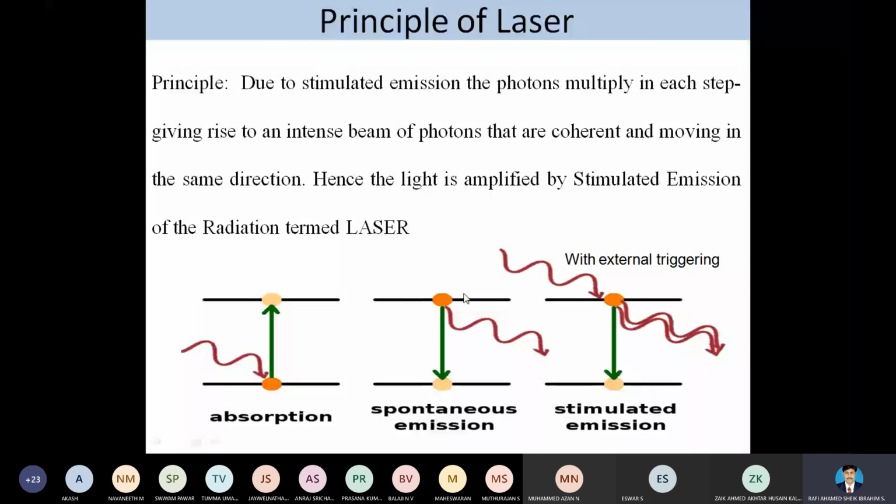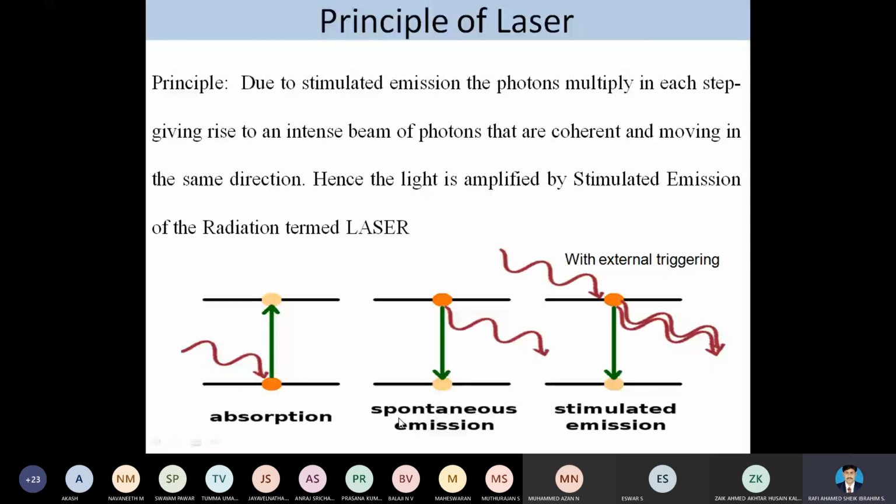It will jump to the ground state. If the atom in the higher state directly jumps to the ground state, it's called spontaneous emission. See, our principle is stimulated emission, but here the emission is spontaneous emission.